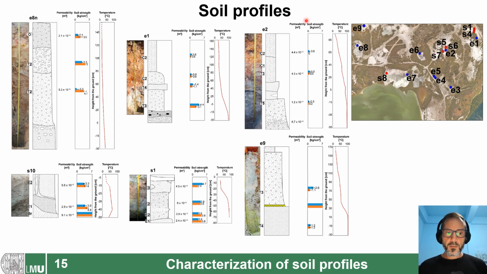In other cases, the presence of a pumice-rich layer, like in this soil profile in E10, can change the permeability again and allow for better fluid circulation in the horizontal direction. In this case, we have a cemented brecciated level at the base with a permeability around 10 to the minus 16.